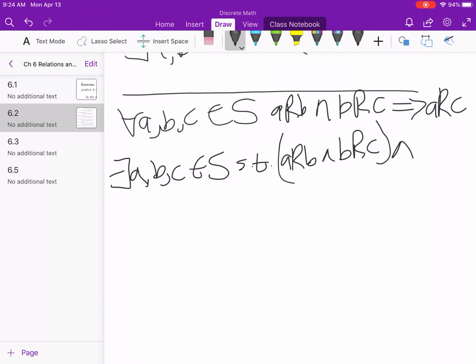I'll put this in parentheses just to say that. I'm going to say A is not related to C. So there we go.